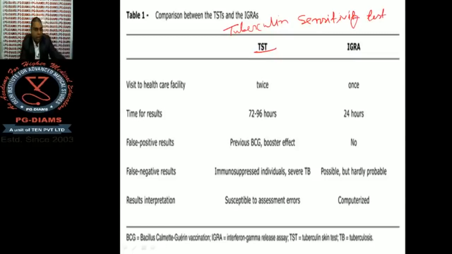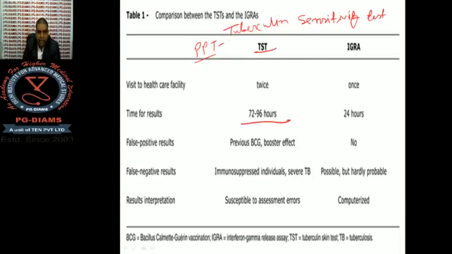In the ulnar part of your forearm, that is this part or this part, you inject PPD, that is purified protein derivative, purified protein tuberculin derivative, twin 80 PPD, in your upper forearm, and then after 72 hours, you examine for the spread of that tuberculin infection in your arm.